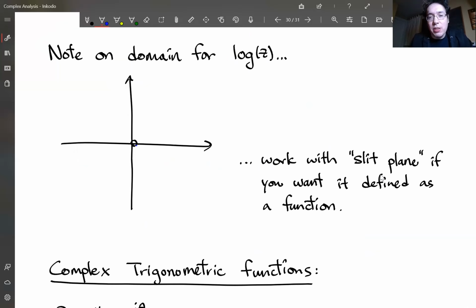Well, here's a note on the domain for log. It's the same as with the argument function. It's not possible for you to make this function continuous everywhere except for the origin.